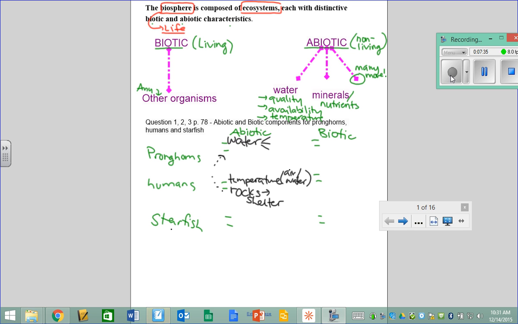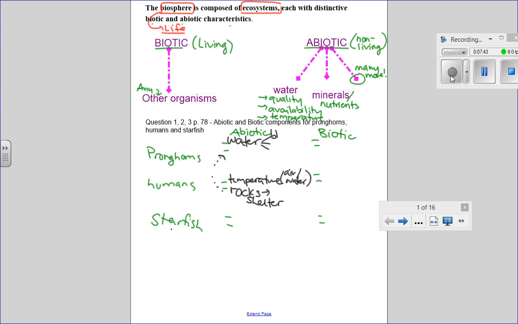So if you're going to say water as an abiotic component, I just want you to explain in what capacity. So maybe we're talking here that water is part of the pronghorn's blood. Maybe we're talking here that water is helping to maintain the pronghorn's body temperature. Maybe we're talking here something about osmosis or waste.